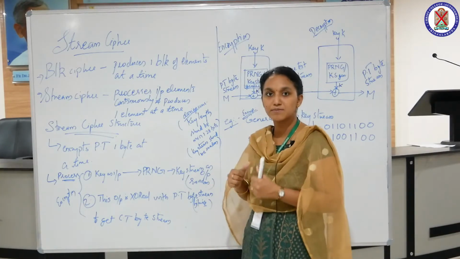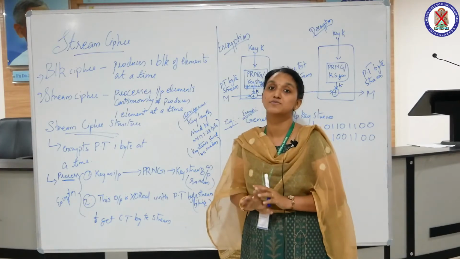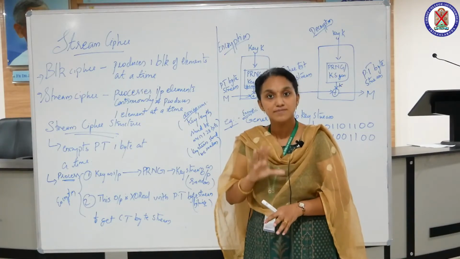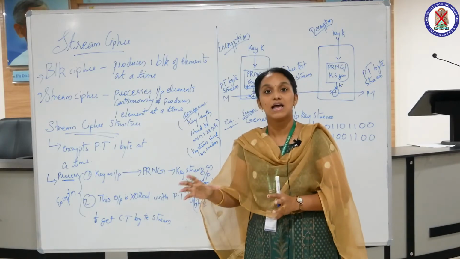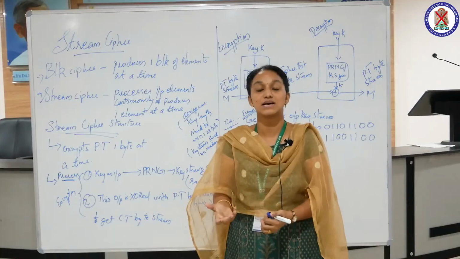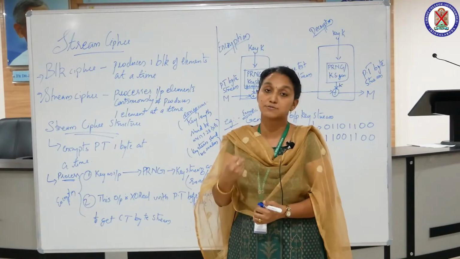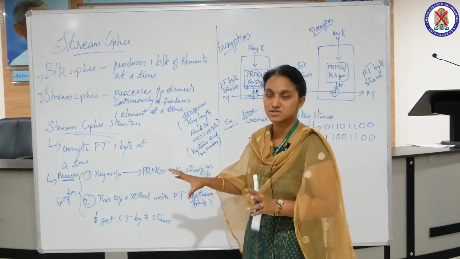That's one important design consideration. The second one is that the key stream should be random. That is, the secret key which we give should be converted to some random form using the random generator. Why do we make it random? So that the cryptanalyst finds it difficult to exploit our system. Clear? So these are the basic design considerations.